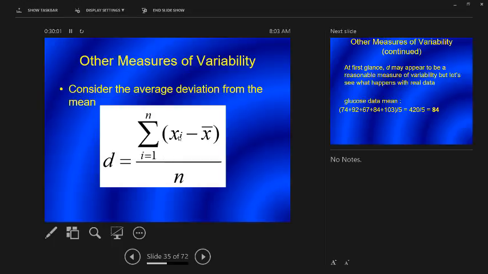The way that you would execute this formula is you take every observation in your sample of data, subtract it from the mean, and write down that difference from the first observation going all the way up to the last observation. Get all of those differences from the mean, add them up, and divide by your sample size.